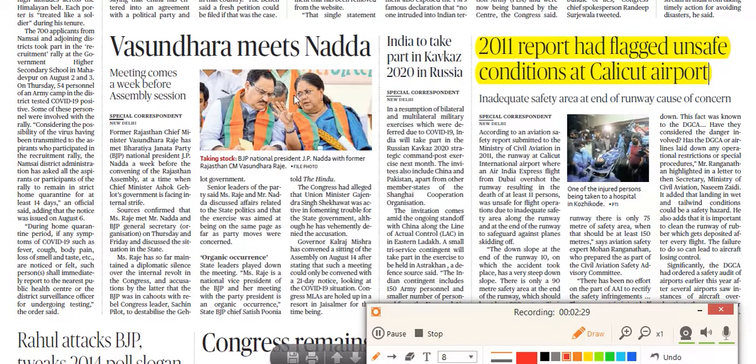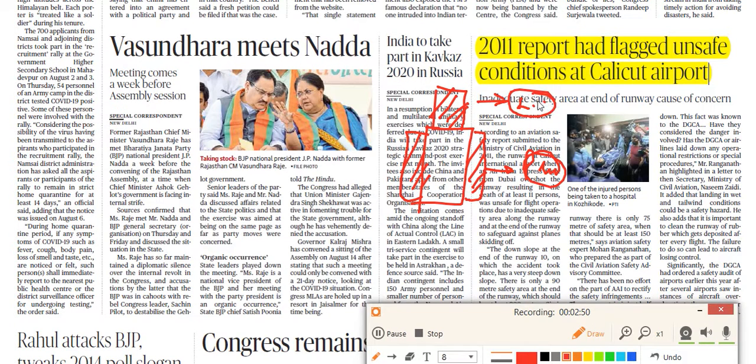So basically, let's say this is the runway. So 200-meter area here and 150-meter area on the side of the runway. This is a kind of policy recommendation, but at Calicut airport this standard was not met.